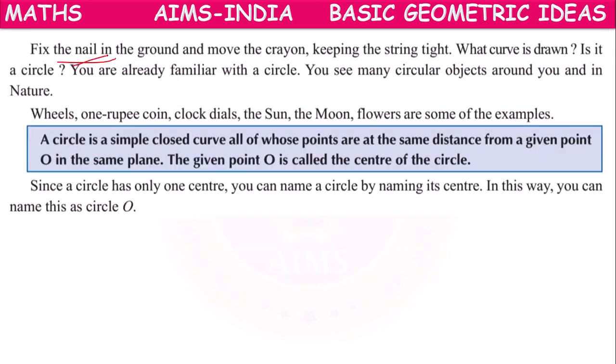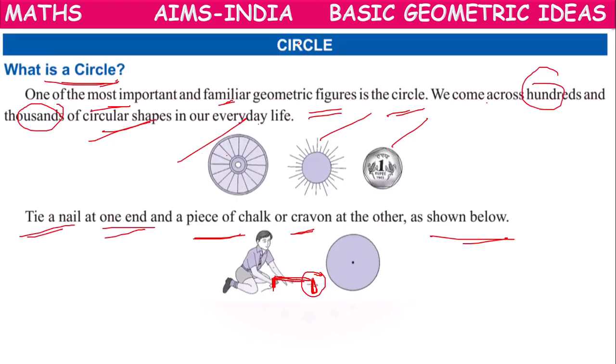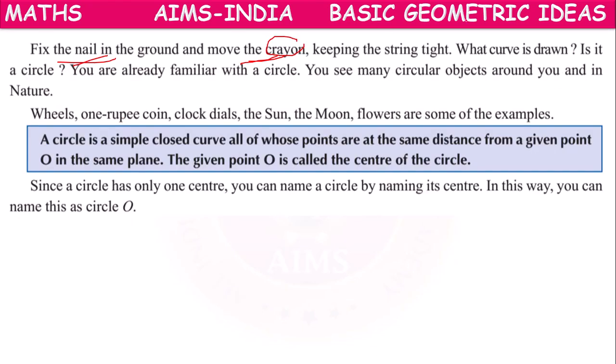Next, fix the nail in the ground and move the chalk or, sorry children, it's crayon. Fix the nail in the ground and move the crayon or chalk piece, keeping the string tight. So what curve is drawn?